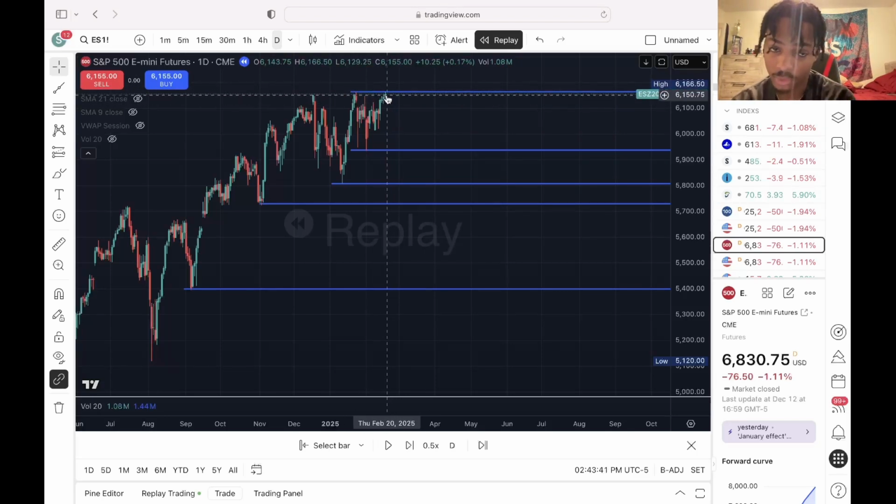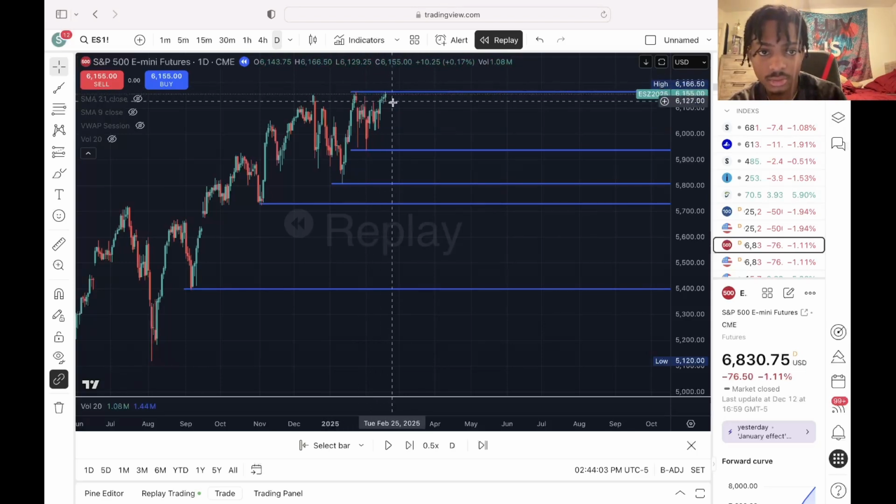They want to trap retail traders like you and me into a position just like this, because this is the exact point where they're gonna want to reverse it on you. So whenever we look at these zones, we look for a couple different things. One, did we break out with strength here?